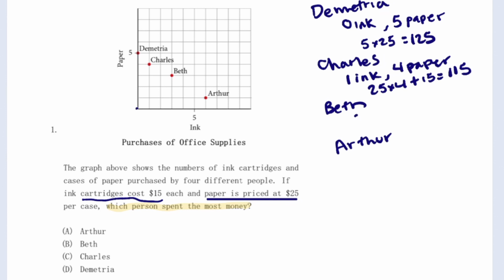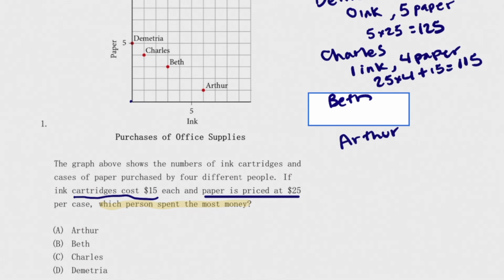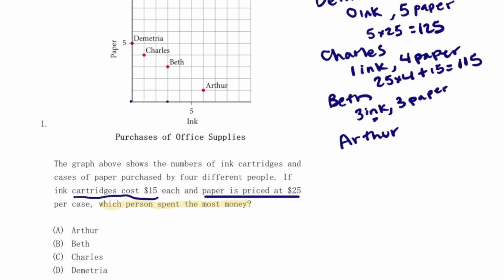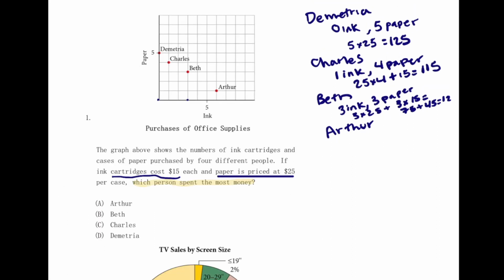We then have Beth, who has 3 inks and 3 papers. So that is going to be 3 times 15 plus 3 times 25, and that is going to equal 120.